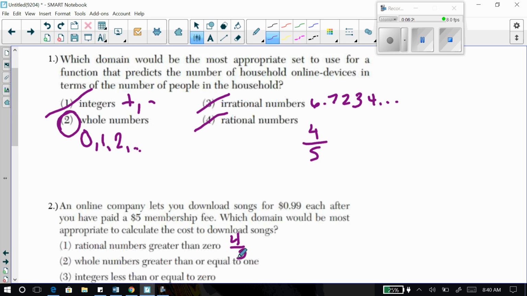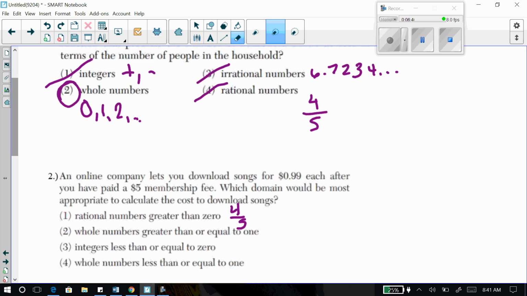Whole numbers start at 0, but it says whole numbers greater than or equal to 1. So it starts at 1. You go up to 2. It can go to 3, 4, so on and so forth.